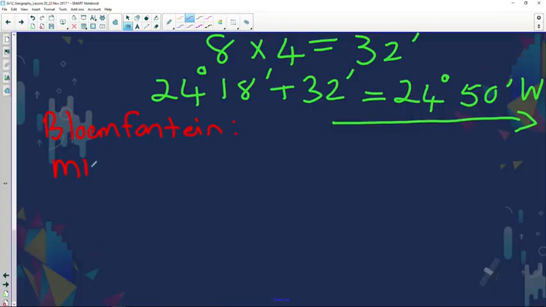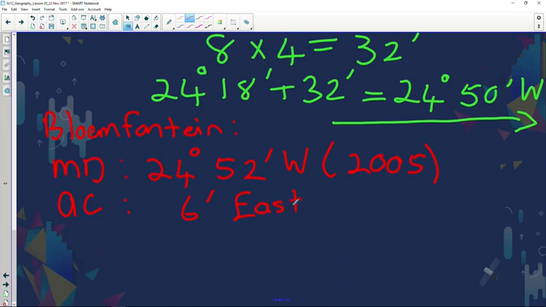The magnetic declination of Bloemfontein is 24 degrees, 52 minutes west, and the map was drawn up when they recorded the declination in 2005. The annual change is 6 minutes east. Now grade 12s, please pay attention over here. It's moving eastward, so what's going to happen? It's going to decrease, so we're going to subtract.